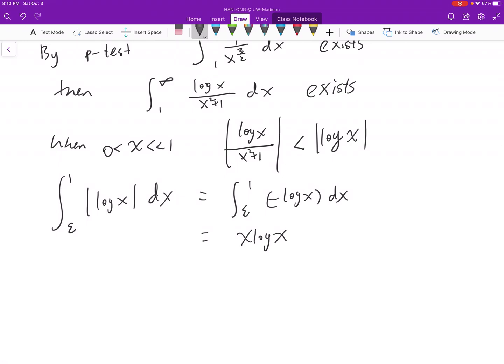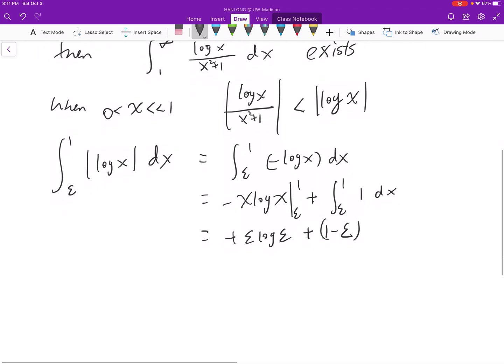We just do integration by parts. You have negative x log x plus the integral from epsilon to 1 of 1 dx. This is negative; when you plug in 1, you get 0, and when you plug in epsilon, you get this term plus 1 minus epsilon.